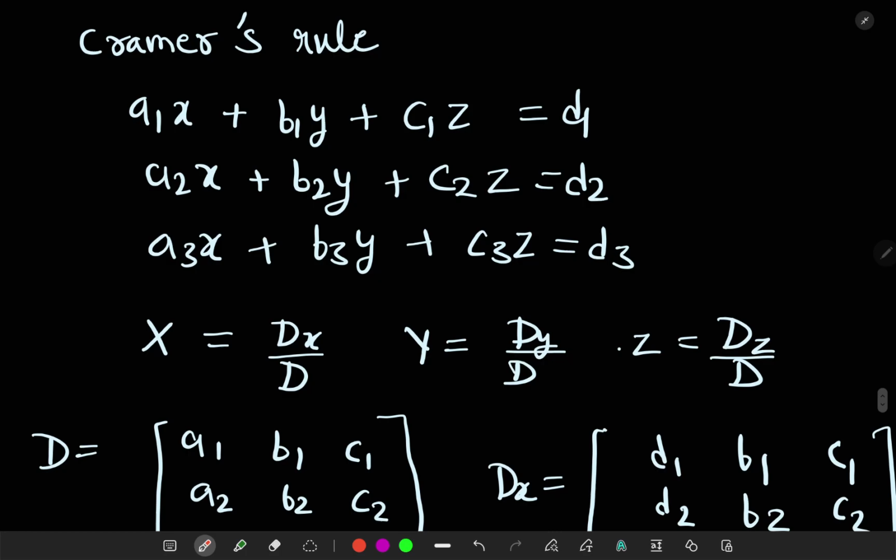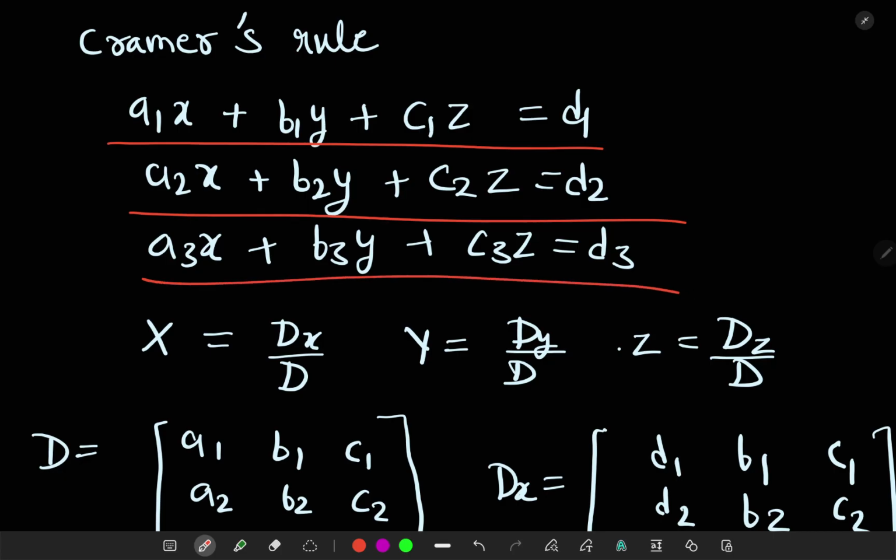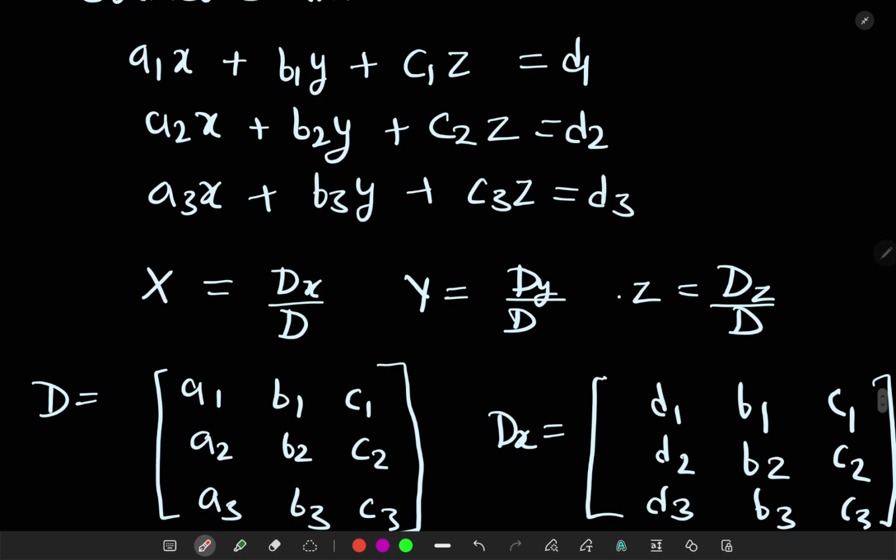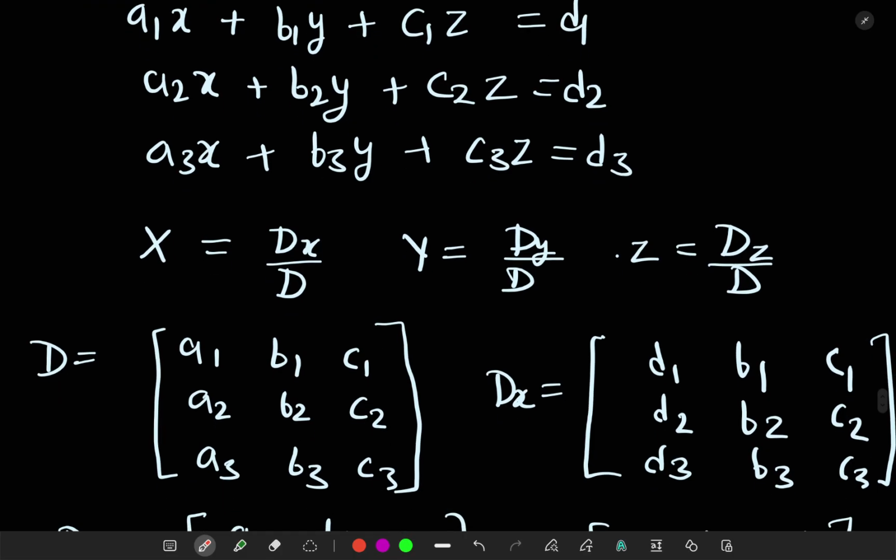Now, in Cramer's rule, these three equations are the general equations: a1x plus b1y plus c1z equal to d1, a2x plus b2y plus c2z equal to d2, a3x plus b3y plus c3z equal to d3.